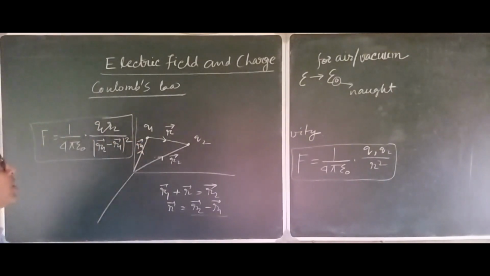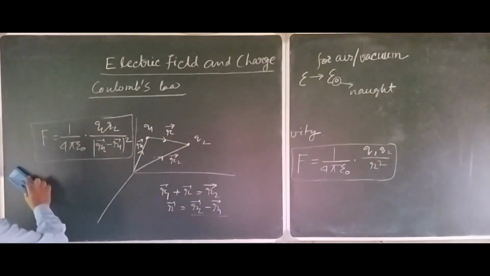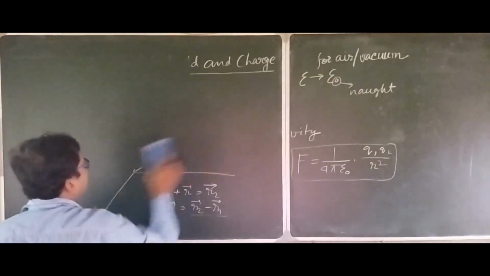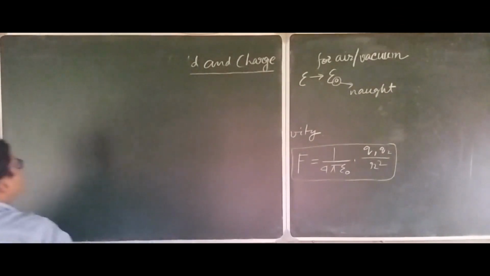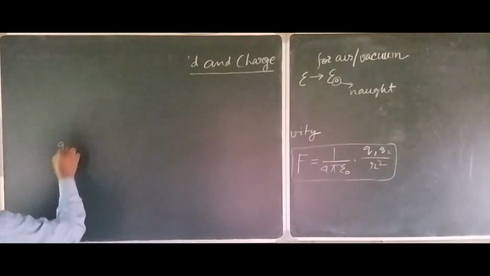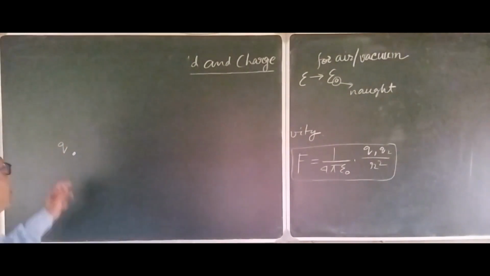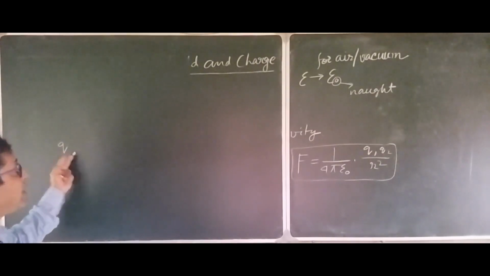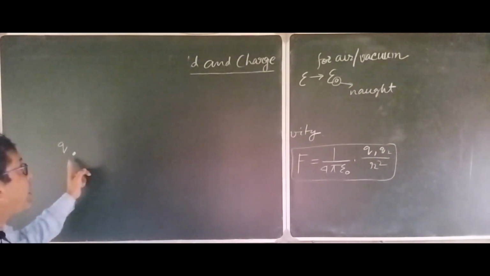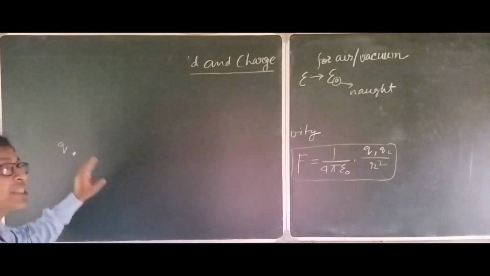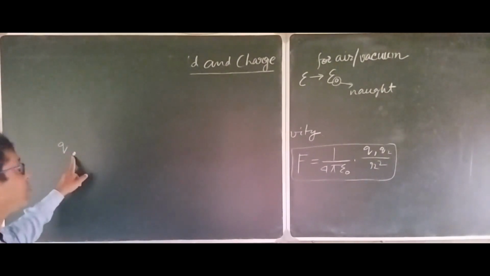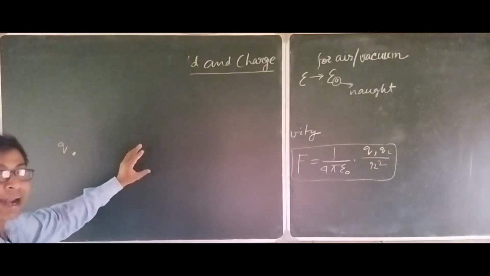Now the next topic is field intensity, electrical field intensity. Suppose anywhere there is a charge Q. Now it tries to attract or repel any other charge, and around it the space where that force of attraction or repulsion of this charge on other charge acts.